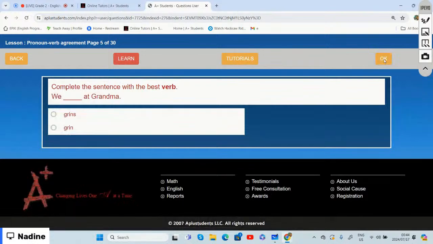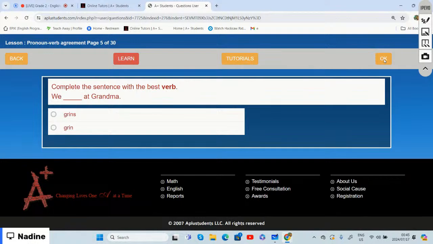Do we say we grins at grandma or do we say we grin at grandma? We refers to more than one person.